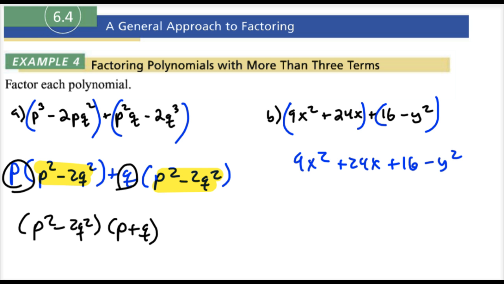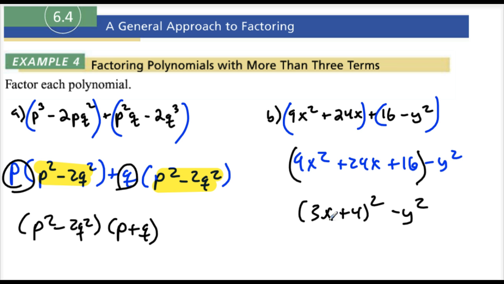Okay, so notice that if I were to group the first 3 terms, it's still factoring by grouping. If I factor this quickly, this is actually just 3x plus 4 squared. This is a perfect square trinomial minus y squared. Oh yeah, this is pretty rad right here. Now check this out. There's a perfect square trinomial.